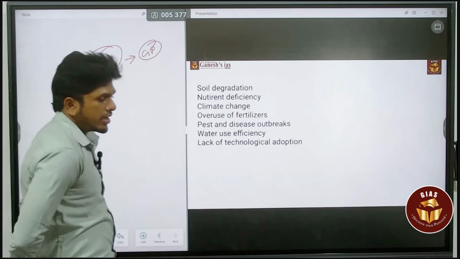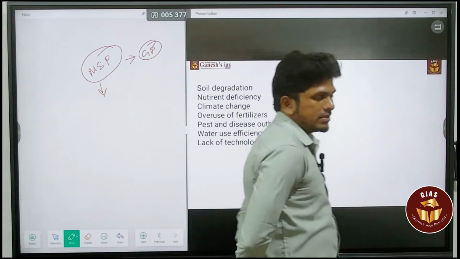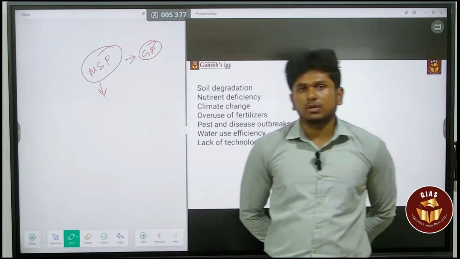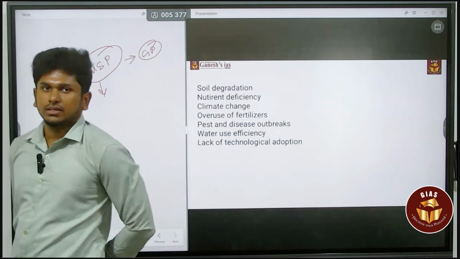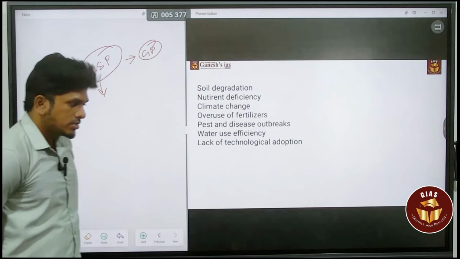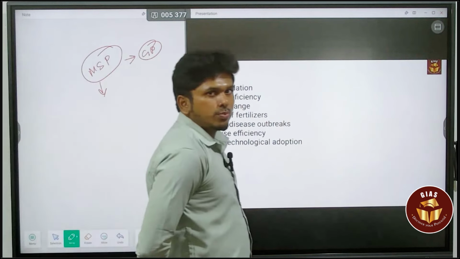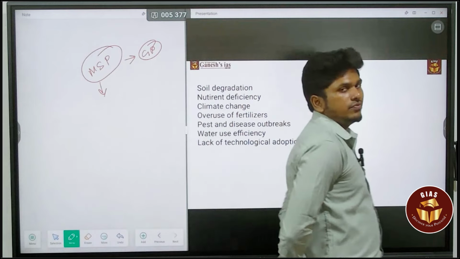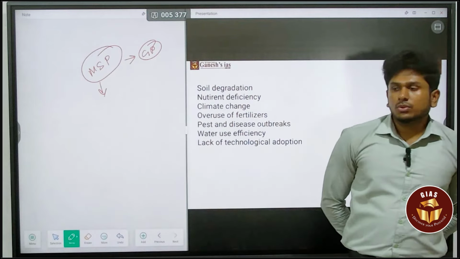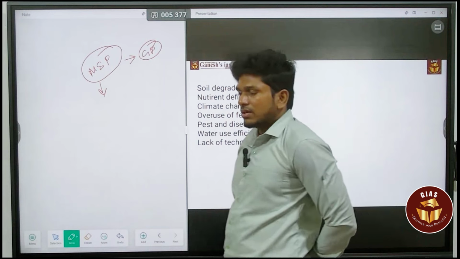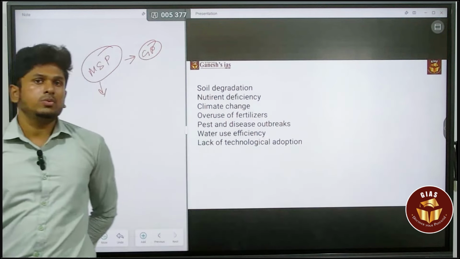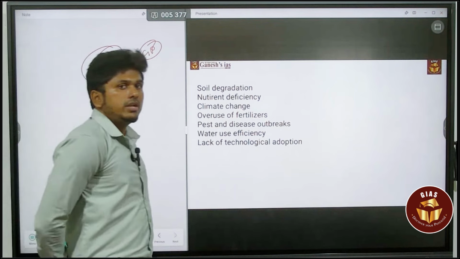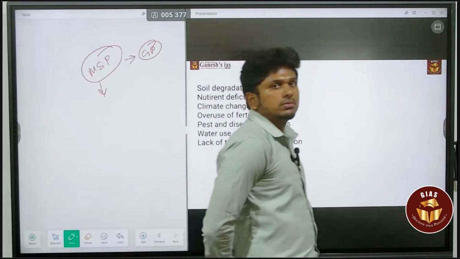Government is providing a high MSP for rice and wheat. That led the farmer to cultivate rice and wheat again and again in their land. And also, when it comes to PDS shops, ration shops, the government majorly procures rice and wheat. So the farmer thought, if I cultivate rice and wheat, definitely the government is going to procure my produce, so why do I need to shift to another crop?